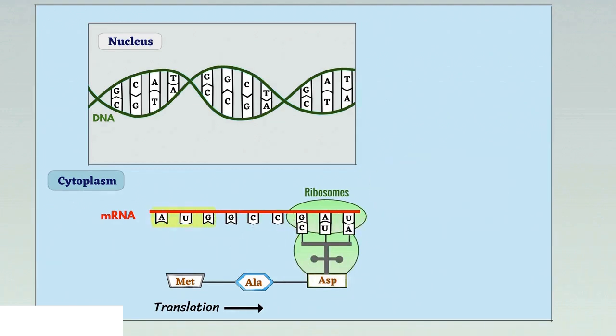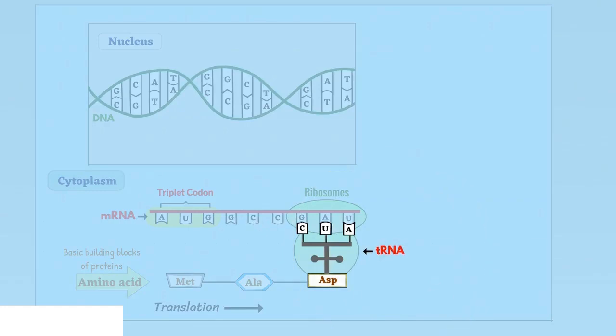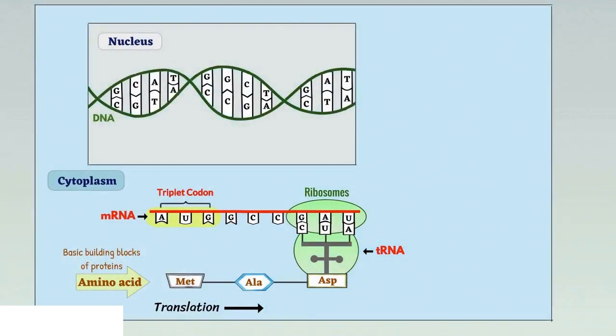The 3 nucleotides on mRNA form a code for an amino acid. These are called triplet codons. Amino acids are the basic building blocks of proteins. For every triplet codon, there is a transfer RNA or tRNA carrying an amino acid. The sequence on tRNA is called anticodon.